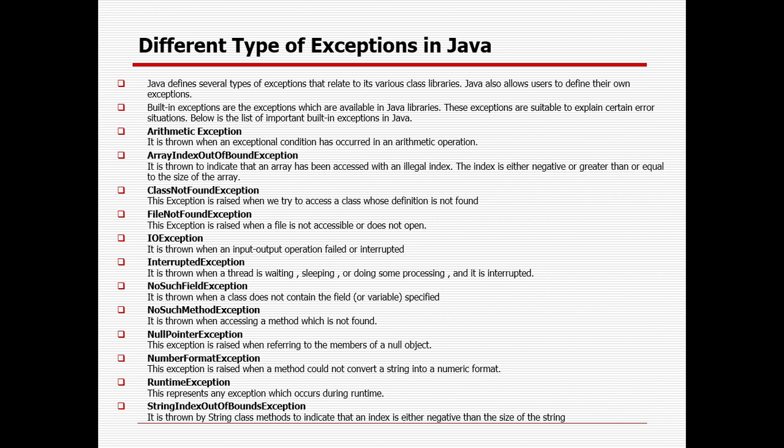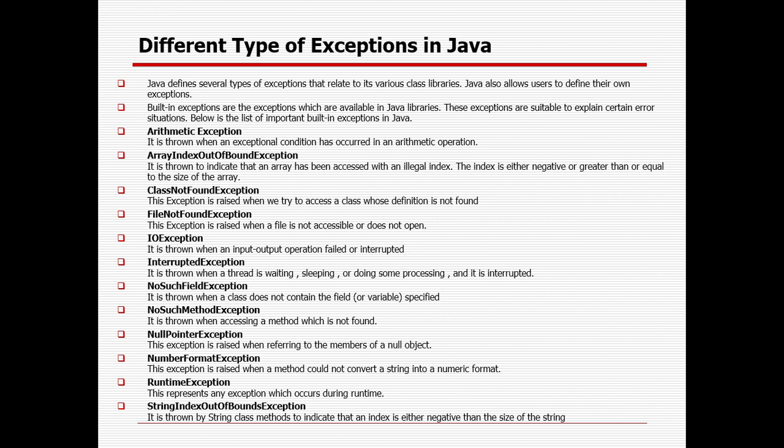String index out of bounds exception is when it is crossing the size. ClassNotFound: whatever class you want to access is not available at all. FileNotFound: either the file is not closed or open, or the file does not exist. IOException, similarly, relates to input and output, in case you do not have the file or the file is open.